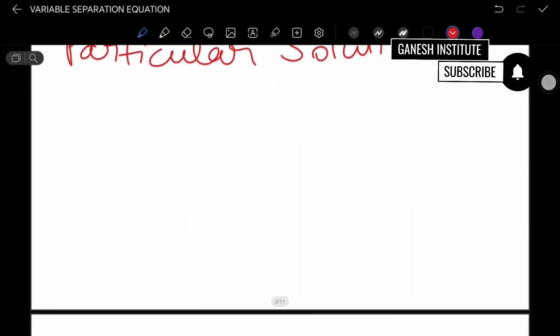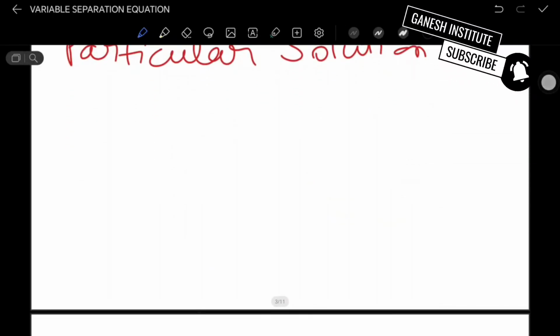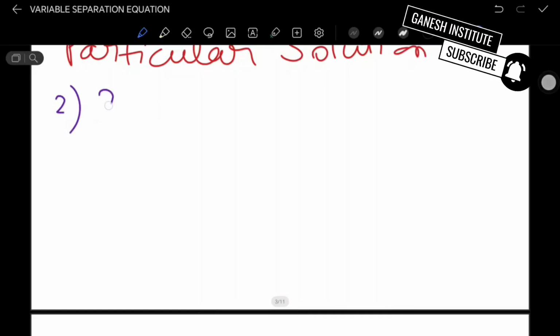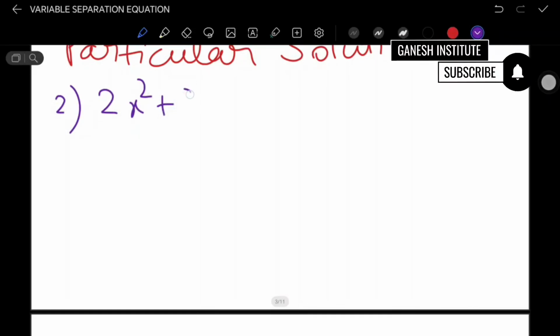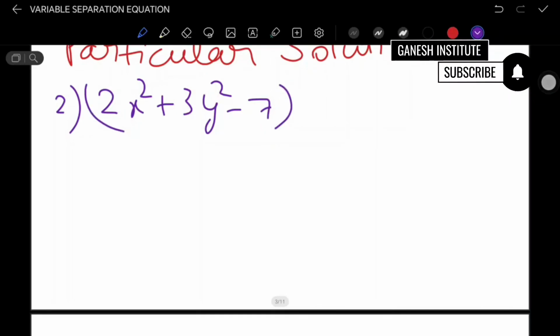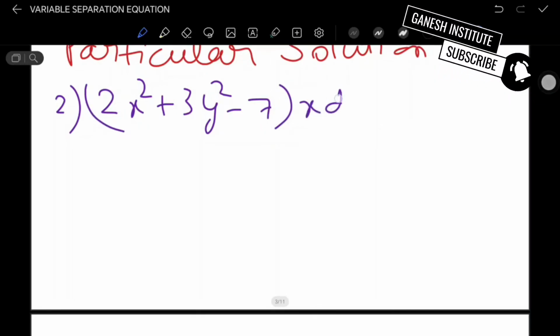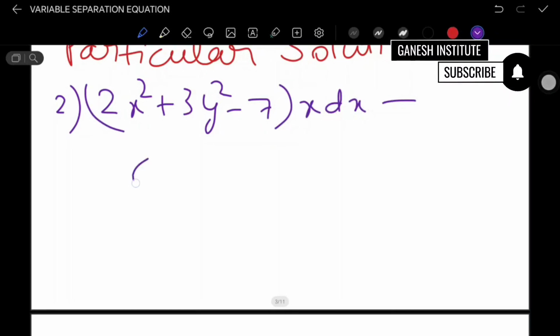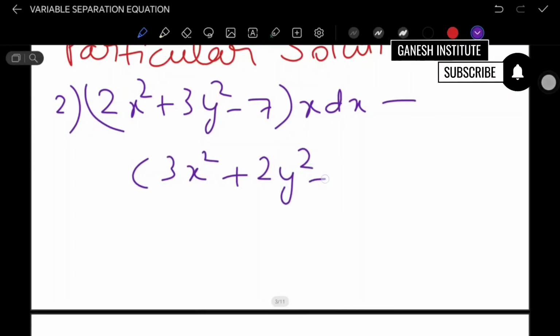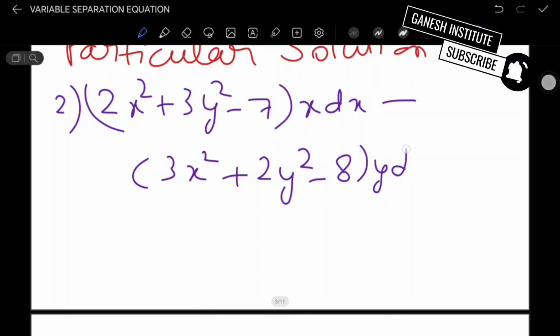Okay, let's try another question. Again I need to solve this equation, and the question is not telling you to do it by separating the variables. You need to figure out whether it is of that type or not. So this is the question.